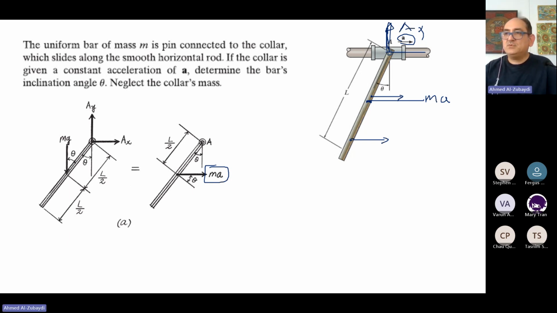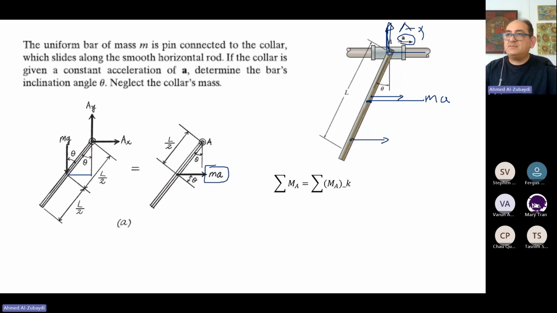To do that, we can use just one relation, which is the moment around point A. We find the moment around point A in the free body diagram, and then the moment of the kinetic diagram around point A. I would like you to actually do that.